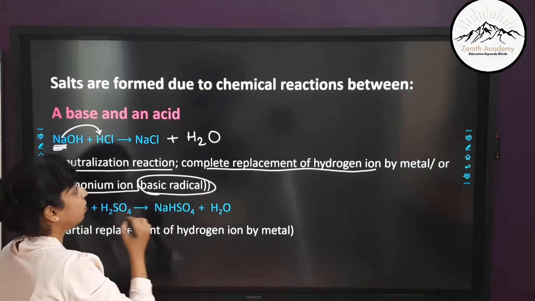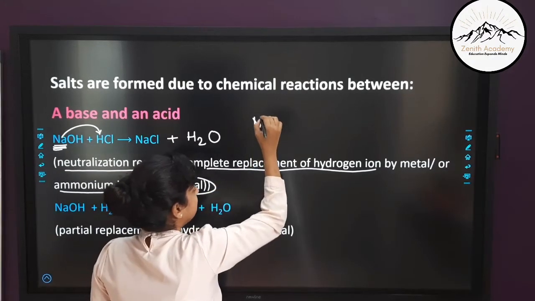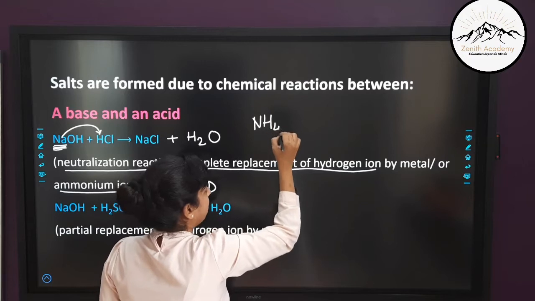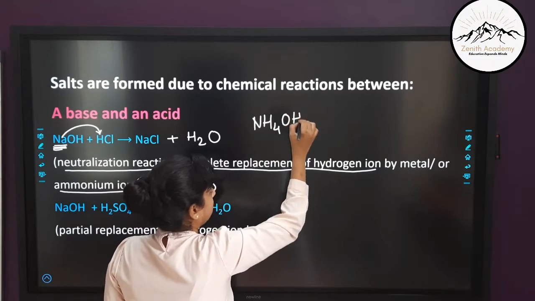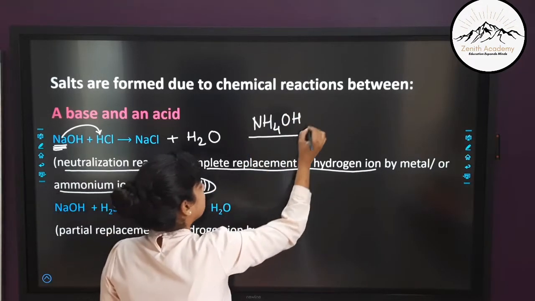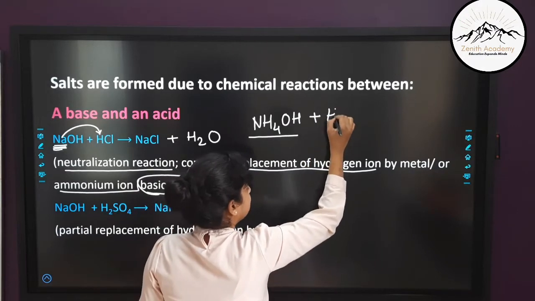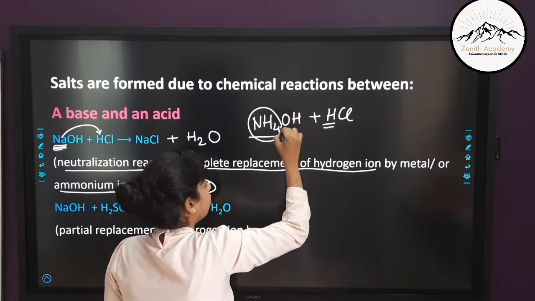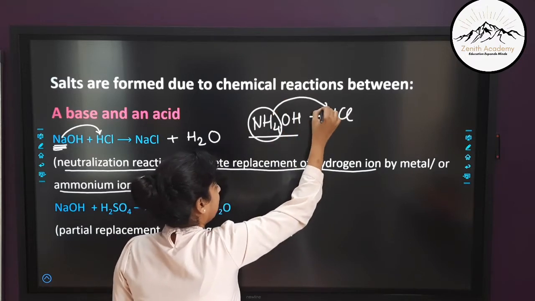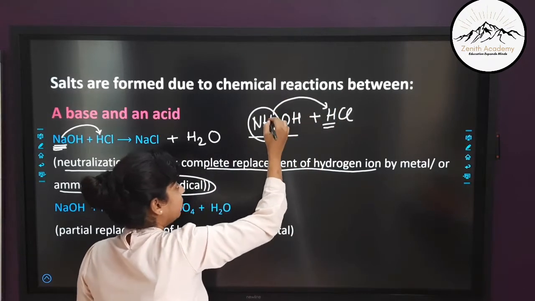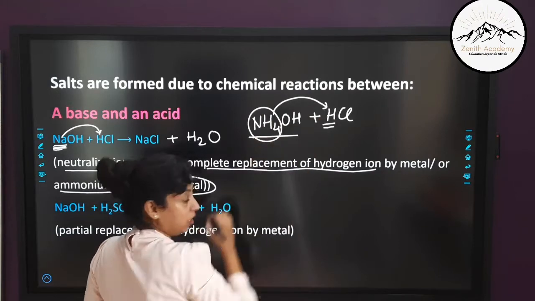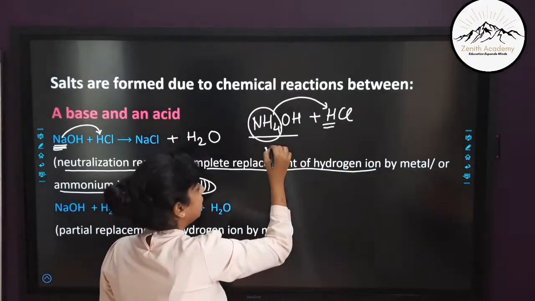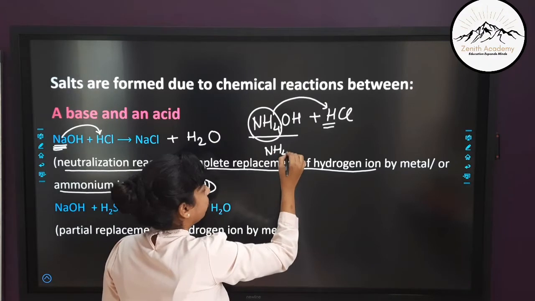So here you can see this example, ammonium hydroxide NH4OH. Now if we take this as a base and HCl as an acid, here hydrogen will be replaced by this whole radical. This is not a simple cation, it is a radical, the ammonium radical NH4 plus.